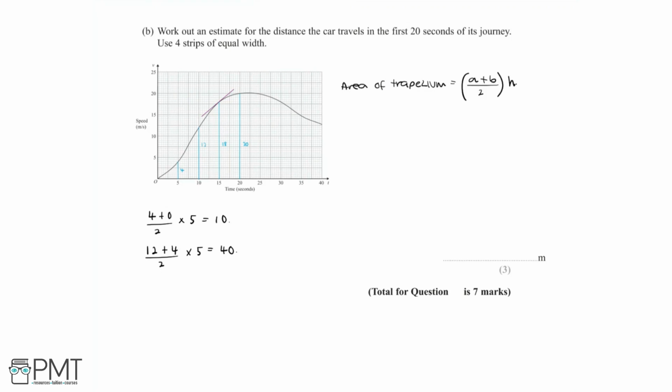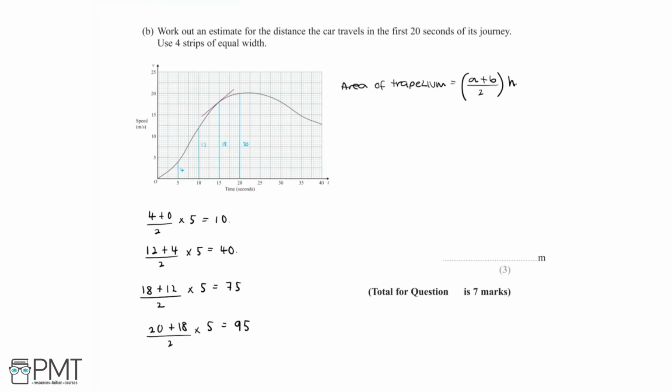Now the area of the third trapezium is equal to 18 plus 12 divided by 2, all multiplied by 5, which will leave us with an answer of 75. And finally, the area of the fourth trapezium is equal to 20 plus 18, all divided by 2, multiplied by 5, which will leave us with 95.